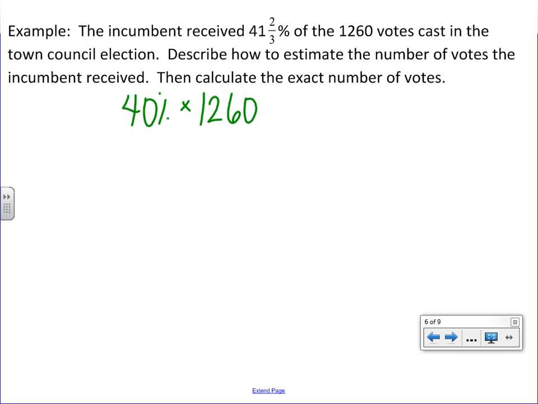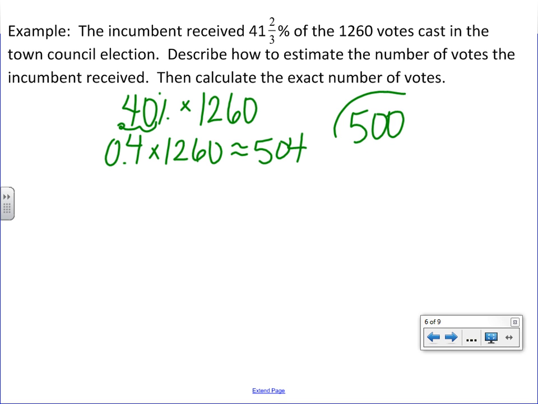So that 40% I could change to a decimal by moving it over twice. So I can say 0.4 times that 1260. And when I do that, I get 504 votes, which comes out exactly to 504, but we're estimating. So we're going to say it's around 504. Instead of saying 504, we could say it's approximately 500.